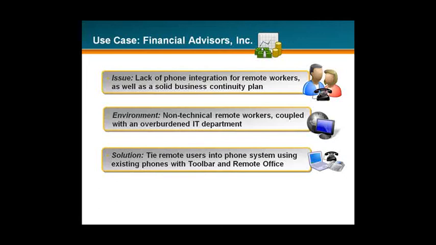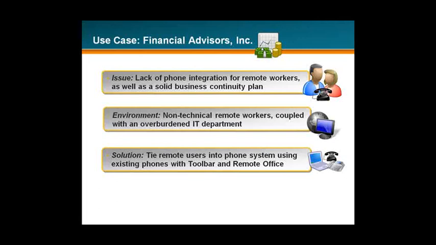All the remote workers will now have business extensions, and calls can be transferred both to and from the remote workers. They would also have access to the company voicemail system, so calls don't end up in someone's home voicemail. An added benefit is that the company can now track all call activity, even for the remote workers. The remote workers only have to download the toolbar to their PC, and with their existing phone and internet connection, they're good to go.